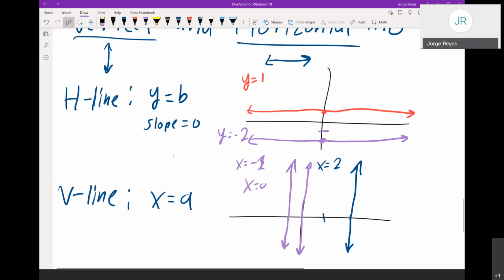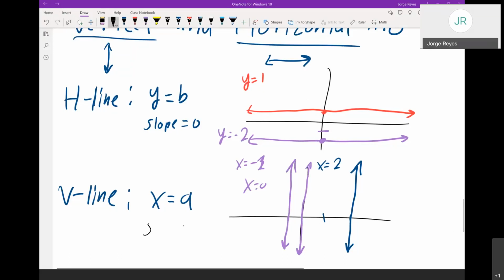So these are vertical lines, and if you look at them, you might be wondering what's the slope. The slope is rise over run, and this rises all the way, but doesn't run.